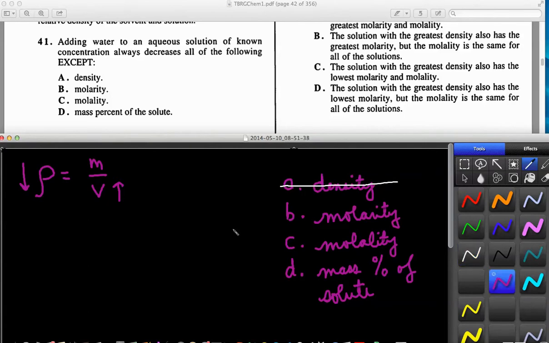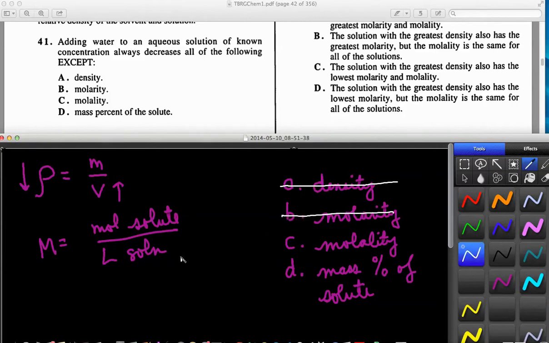Molarity. Moles of solute over liters of solution. All right. I'm going to increase the volume, which means I'm going to decrease the molarity. It's going to become more dilute.